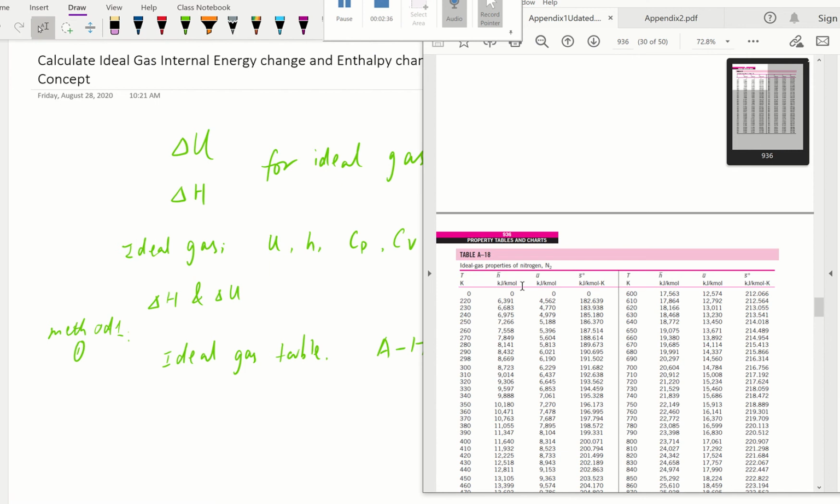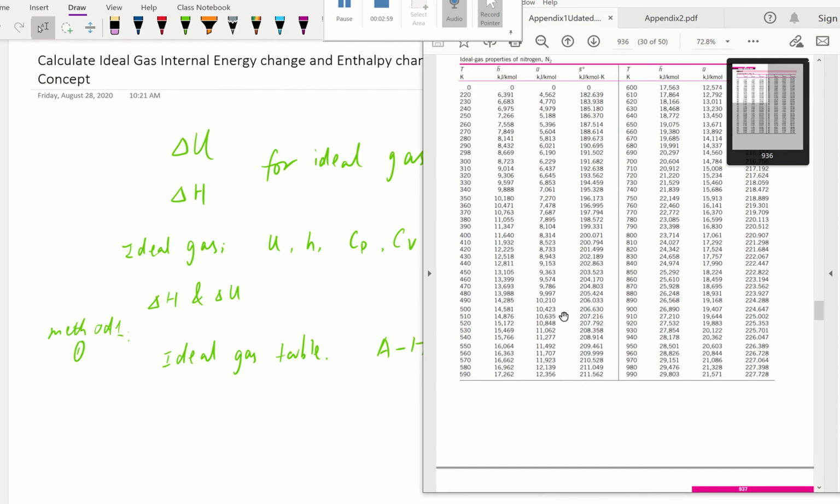We just need to involve molar mass. Because molar mass is kilogram per kilomole, we just take H bar divided by molar mass, and then we get enthalpy in kilojoule per kilogram. All right, so that's the difference.